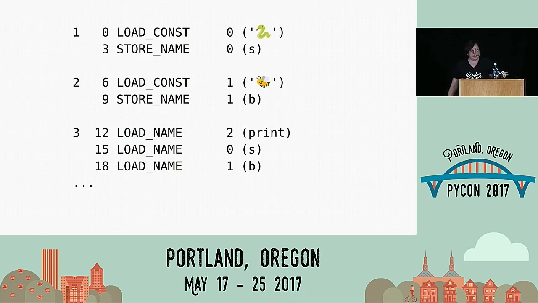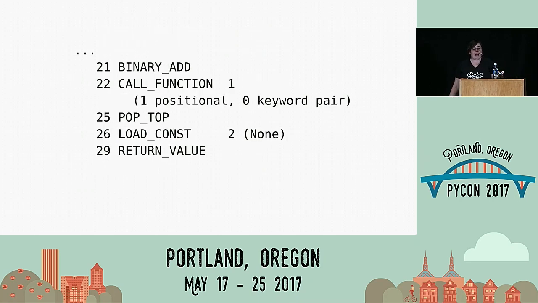We have the first line, which is one variable, the second line, which is another variable, and then we load print, we load Snek, we load B, and then we have a binary addition. We call a function, we get the result of the function, and then we load a constant return and we do interesting things. This is all CPython does under the hood.